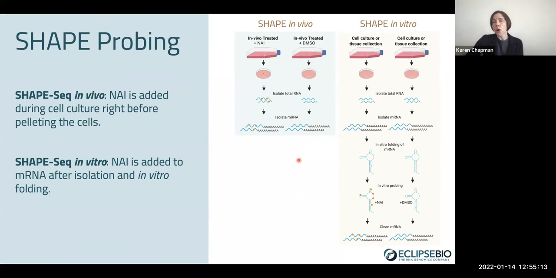So in vivo, the cells are treated with NAI and compared to a very important control, which is just a carrier DMSO control. And these two are compared. Alternatively, CHAPE can be used on RNA that is either transcribed in vitro or isolated from cells, purified, and then refolded in vitro, and then probed with the NAI agent in vitro.